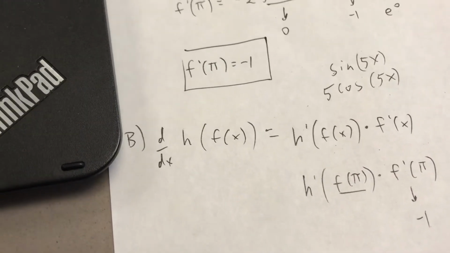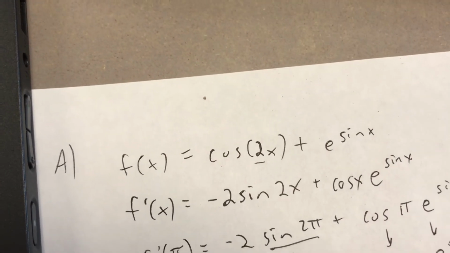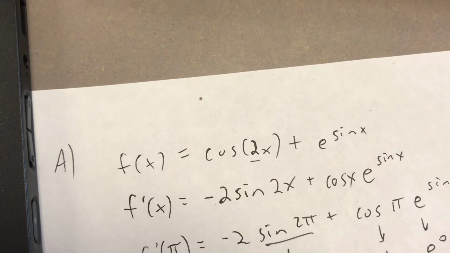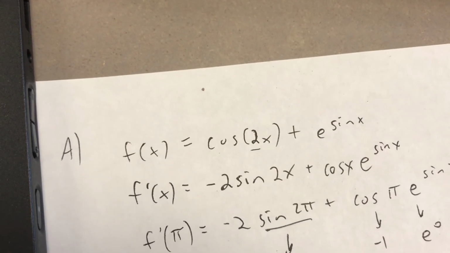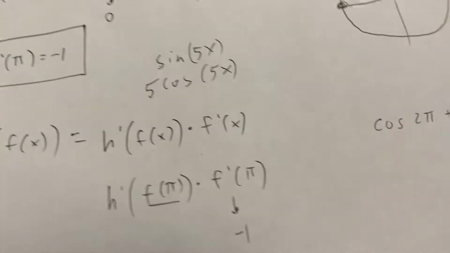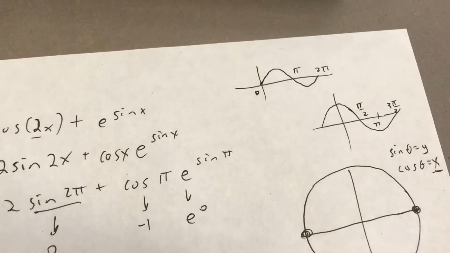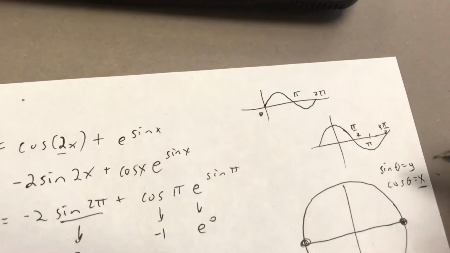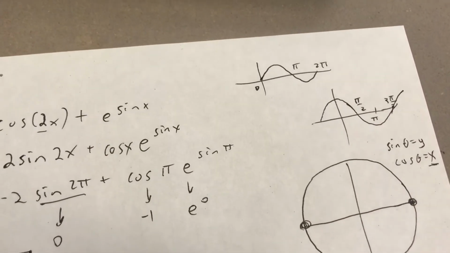And we can go back to the original function. The original function was cosine of 2x plus e to the sine of x. So that's going to be cosine of 2 pi plus e to the sine of pi when we substitute all that in, okay? Cosine of 2 pi, if you look at the cosine function, at 2 pi it comes back and hits a maximum again of 1. It's gone through 1 full cycle.